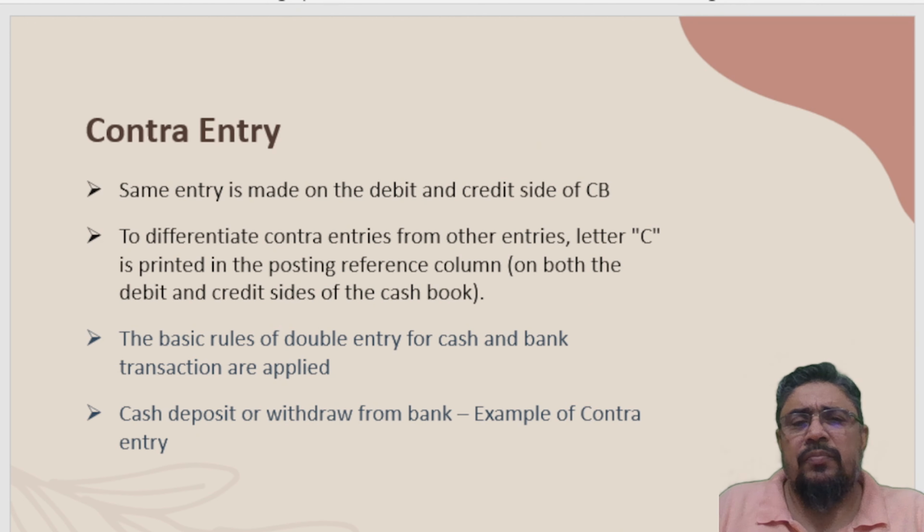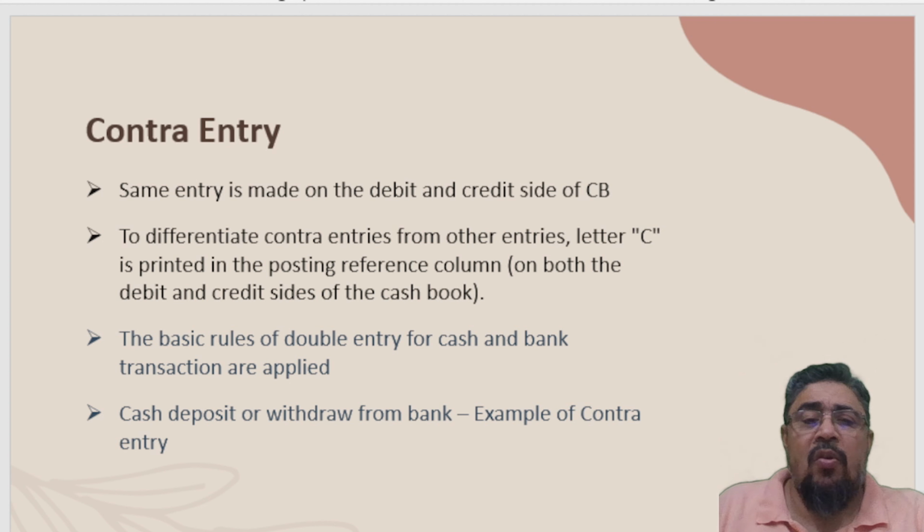Contra entry. It is a very interesting entry. An entry is made on the debit side and the same entry is recorded on the credit side of the cash book. It is called a contra entry.